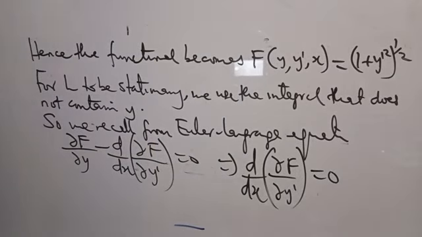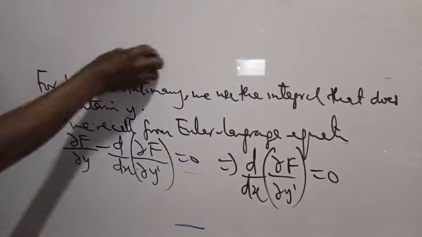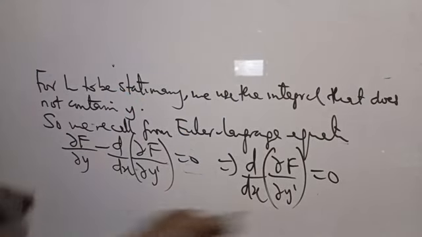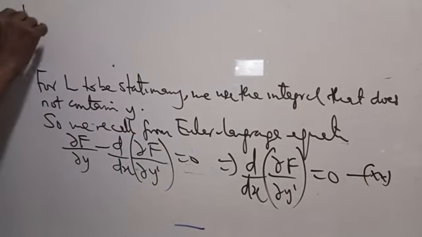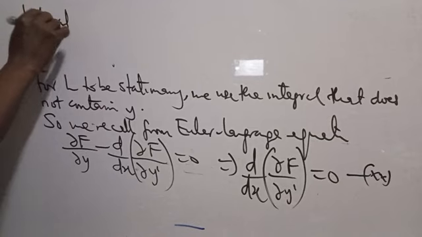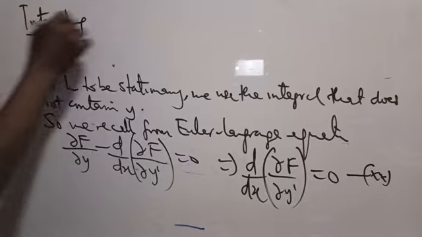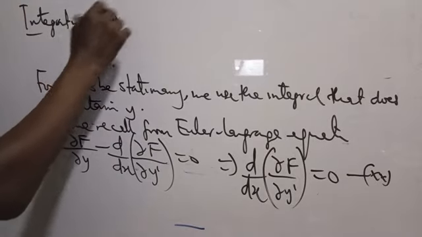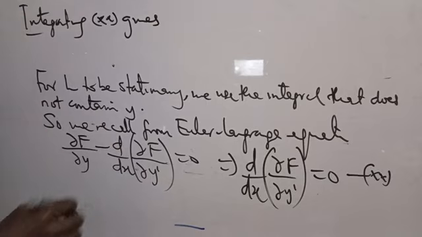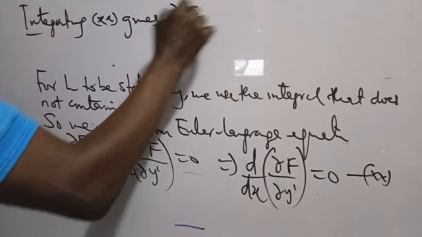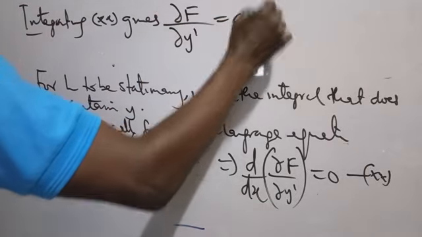So with this, now integrating both sides, let me call this asterisk, integrating asterisk, double asterisk gives the partial derivative of f with respect to y prime is a constant.